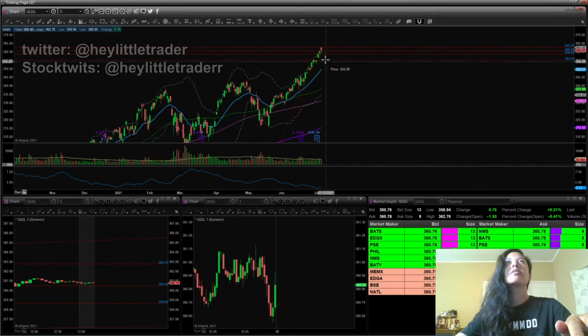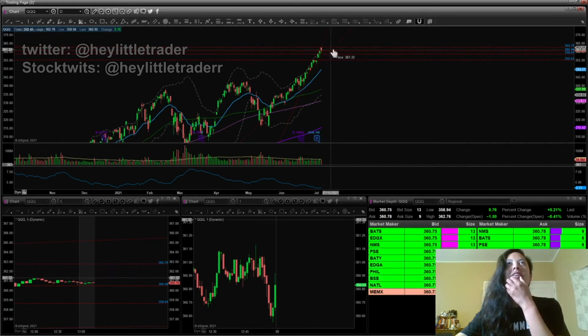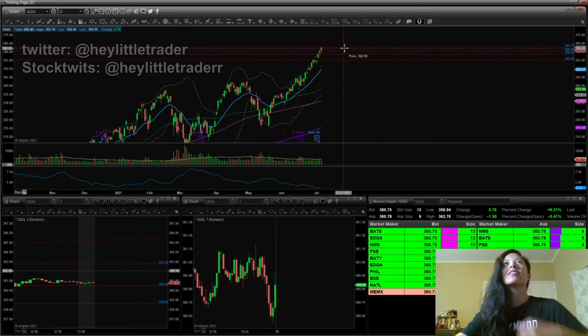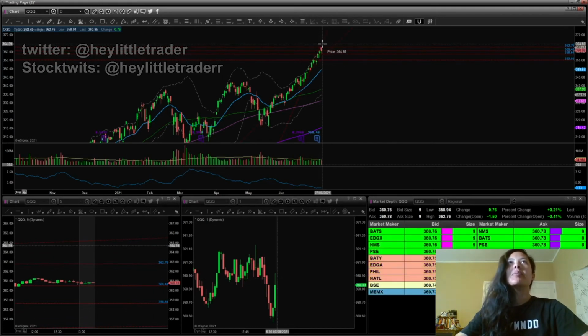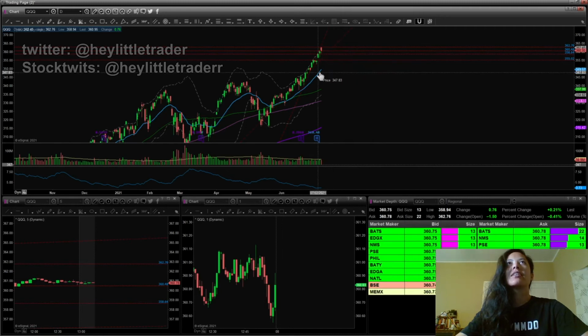So, you know, I could see this playing with this all-time high tomorrow, maybe sticking in this range, either going flat or maybe even trying to hit this line, rejecting, and coming back down. Coming back down again, we need to see a correction probably to the 20 or the 9.